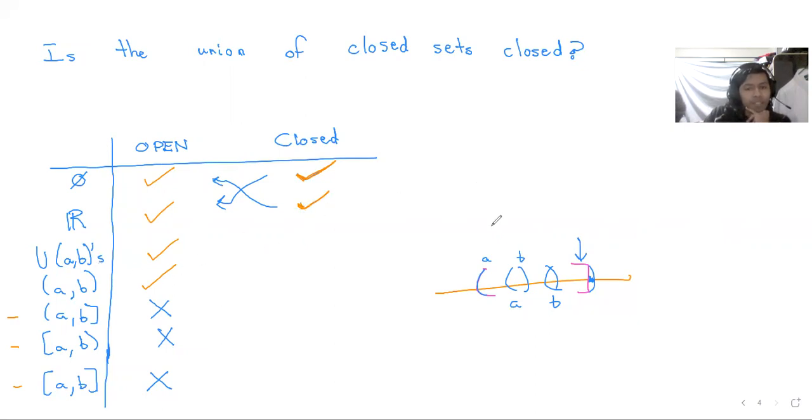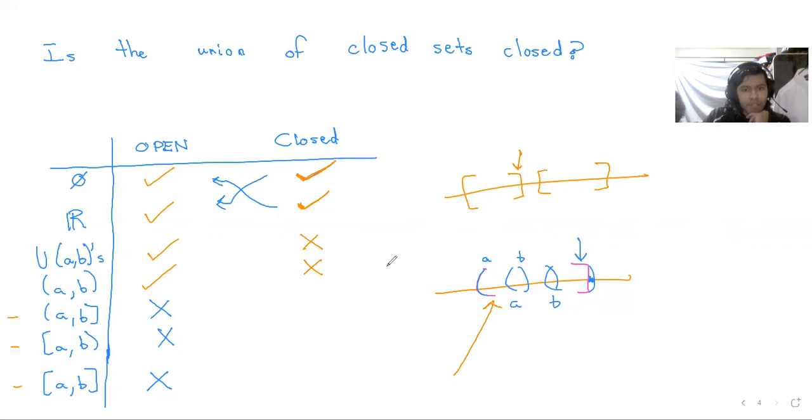The union of ABs is similar because we will require unions of these to be open, or even if it's just one, we know that if there's a bracket, it won't be open, so these are not open.